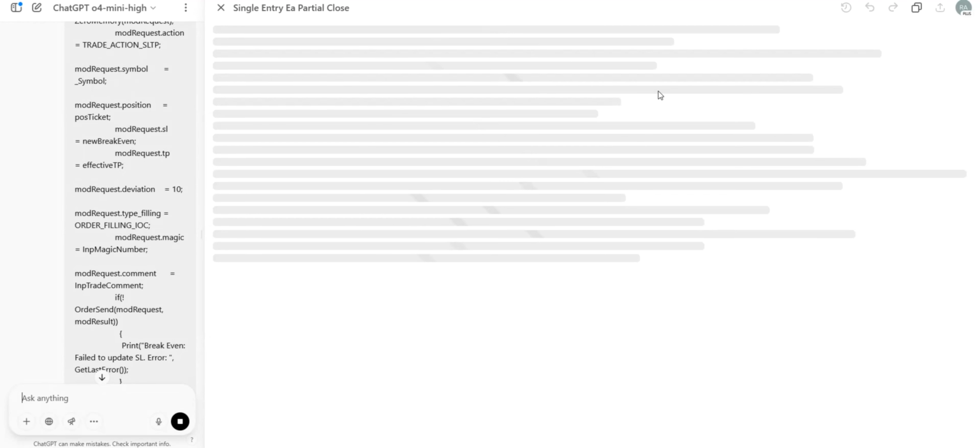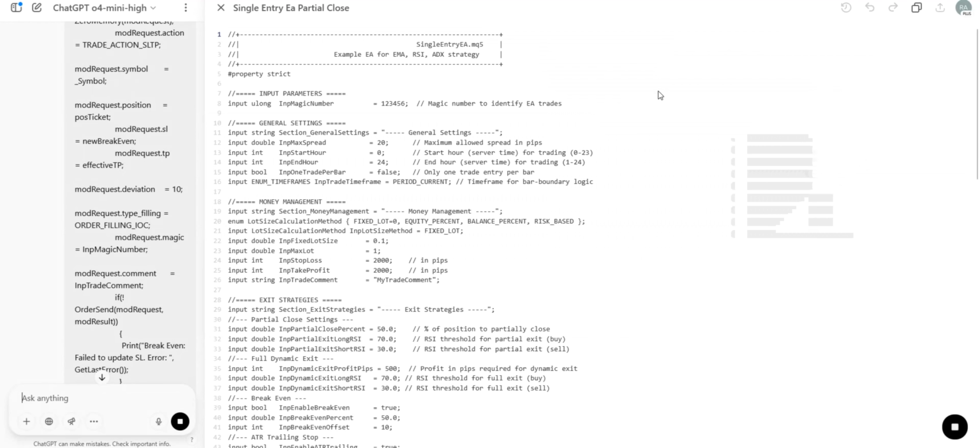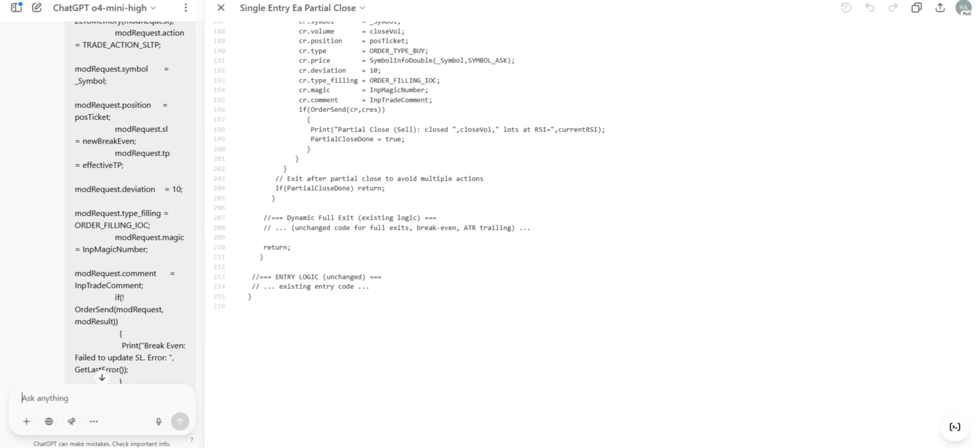So when you have a nice ride to the upside or the downside, and it has a high volatility, then you are closing some of the trades, which is a great thing.